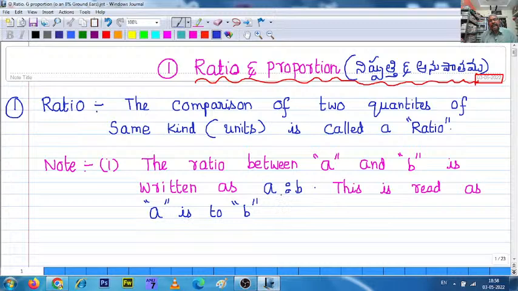In A is to B, how many terms are there? Yes, we have two terms. So what do we call A and what do we call B? Let's have a discussion on that.